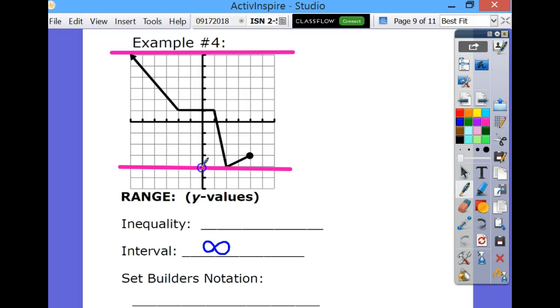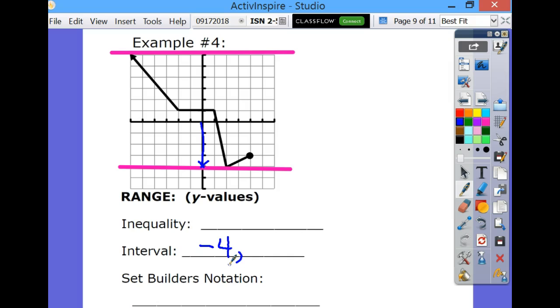And where's the bottom point? 1, 2, 3, 4. Now that's not right. Do you know what's wrong with it? Is it in order from smallest to largest? Is it in order from bottom to top? It is not in order from bottom to top. What is the bottom point?